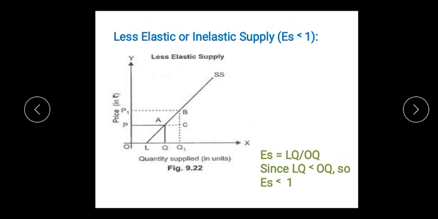So dear students, to summarize, we can say that when a positively sloped supply curve meets the y-axis and on extension it meets the negative side of the x-axis, then in this case elasticity of supply is greater than 1, as shown in the first figure in this presentation.